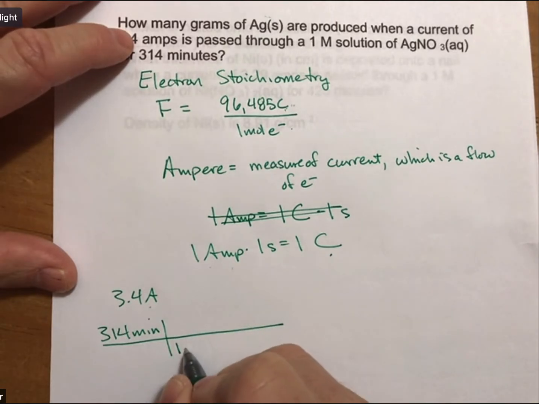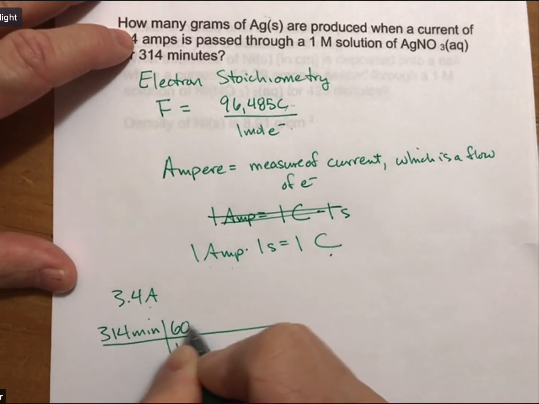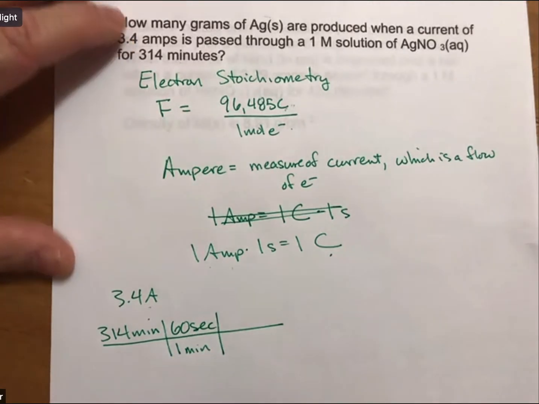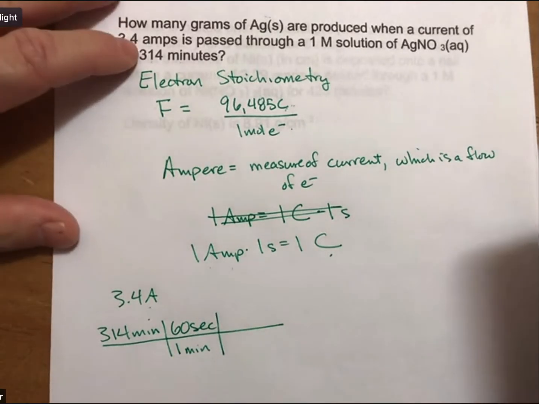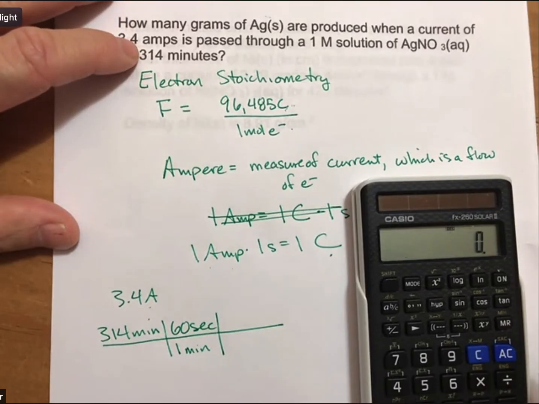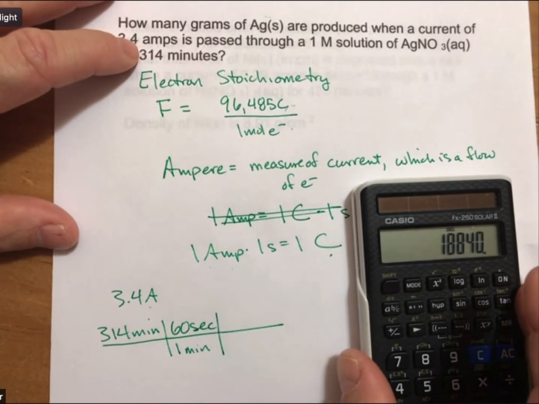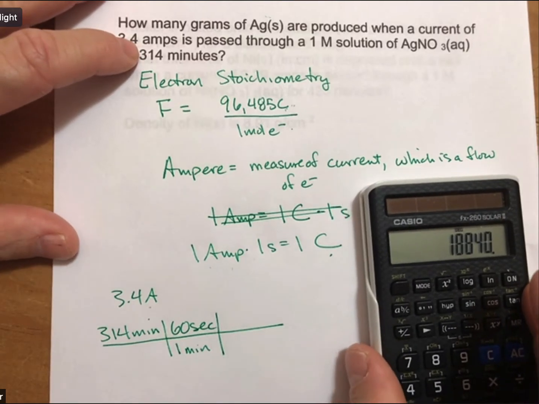So there's 1 minute equals 60 seconds. So I get 18,840 seconds.